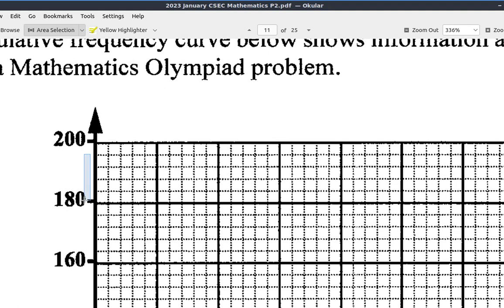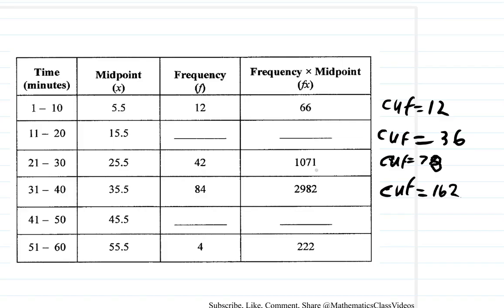It would be 180, 184, 188. 188 plus 4 would be 192. 192 plus 4 would be 196. It's a little above 196. Call it 197. Alright? So the cumulative frequency here, CUF, is 197.